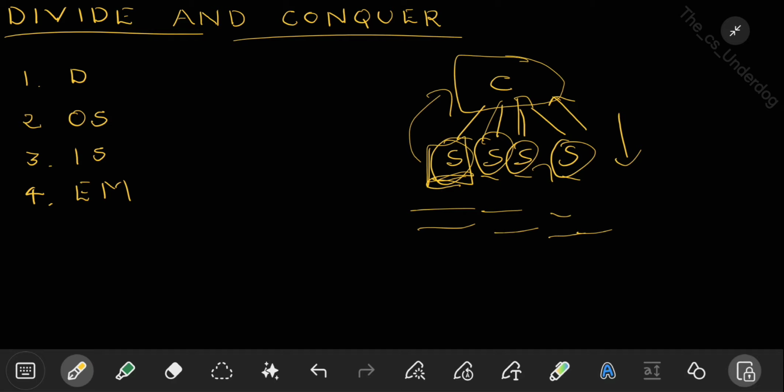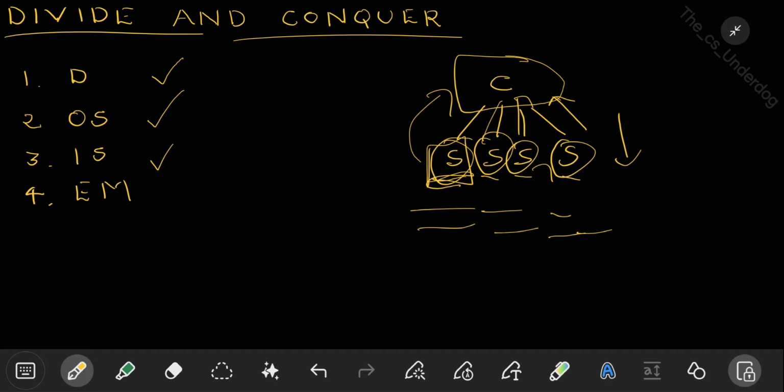So these are the four properties you have to check if you want to apply divide and conquer. The first one is divisibility, that is, the larger problem should have an option to be divided into smaller problems. The second one is optimal substructure, that is, once you divide it into smaller subproblems and get the solutions, merging them back should give you the solution for the original problem.